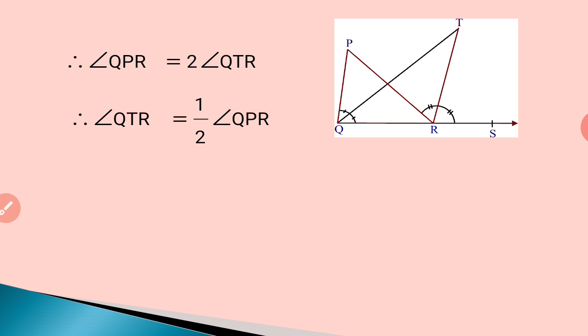So this is what is now written. We can transpose 2 to the other side and we get angle QTR equal to half of angle QPR, and we are told to find this only. This is how we got the solution.